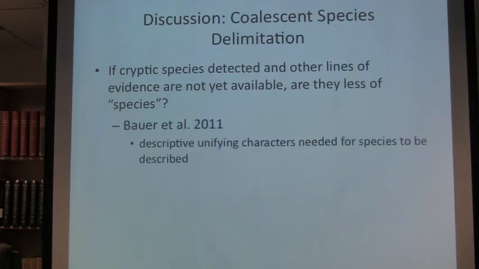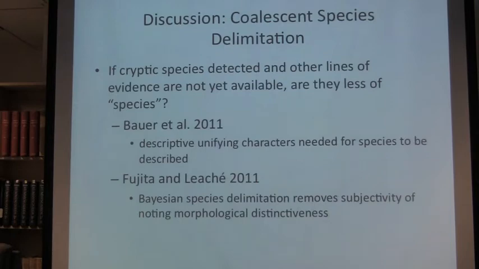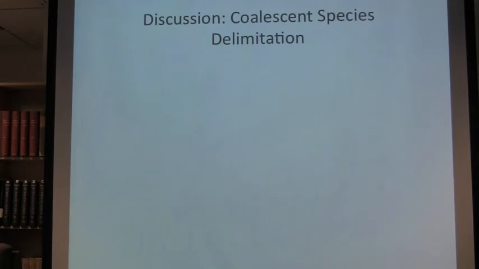Bauer et al. 2011 argue that descriptive unifying characters are needed for species to be described. But Fujita and Leaché 2011 argue that Bayesian species delimitation removes the subjective lens associated with noting morphological differences. So my study perfectly illustrates how coalescent species delimitation can make the process of species delimitation more objective.